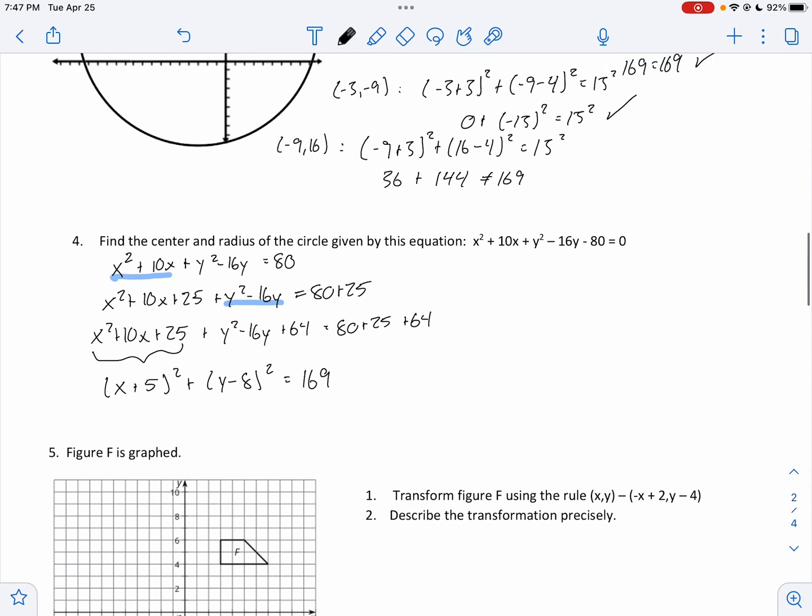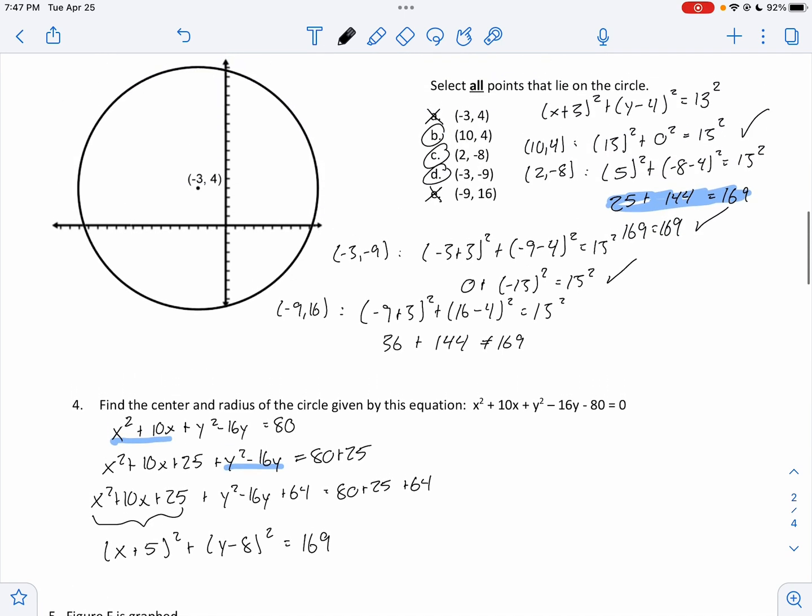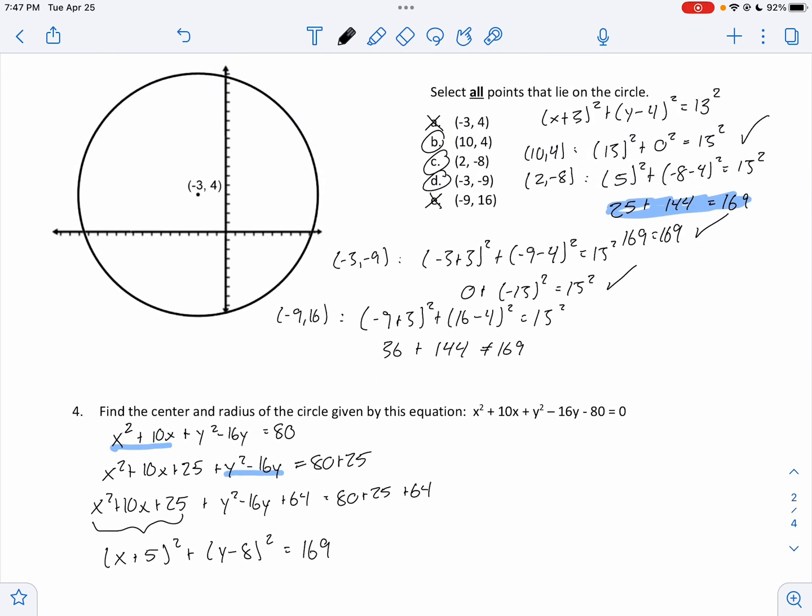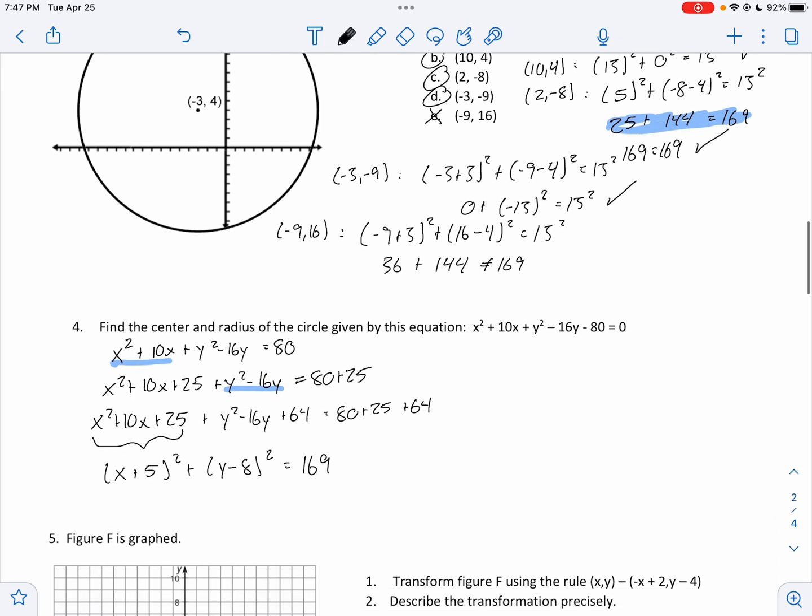If we look up at the previous problem 3, we noted that 13 squared is equal to 169. So we can rewrite this as 13 squared. And now our equation is in standard form for the equation of a circle. So we know that the center is the point negative 5, 8, and the radius is 13.